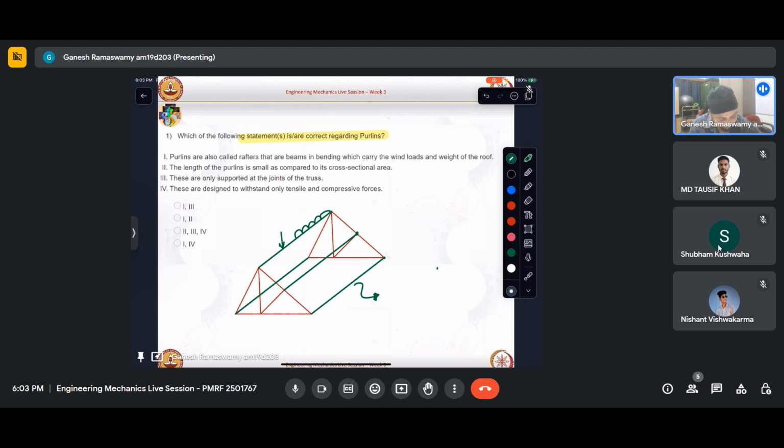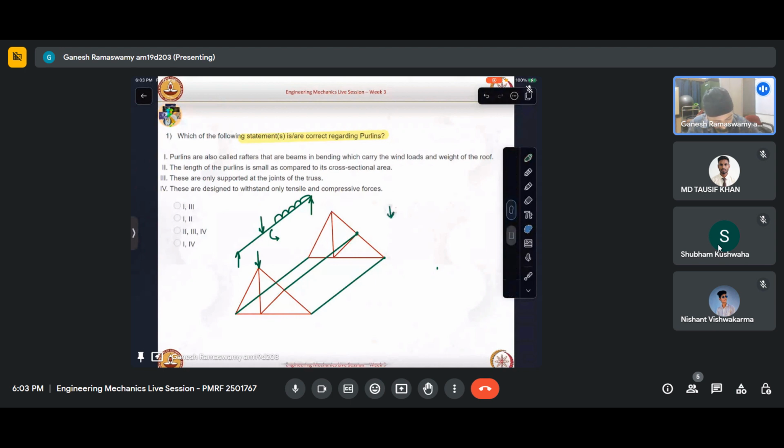For example, the first beam, if I just take this thing out, this will have some reaction like that. And by Newton's third law, that reaction will get applied onto the joint of the truss. So essentially, this behaves like a beam, a bending member, which by bending it transmits the load onto the joint of the truss, after which trusses we can analyze separately. That is the entire essence of this.